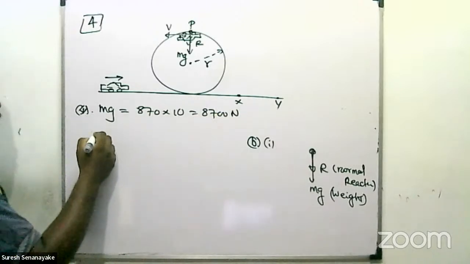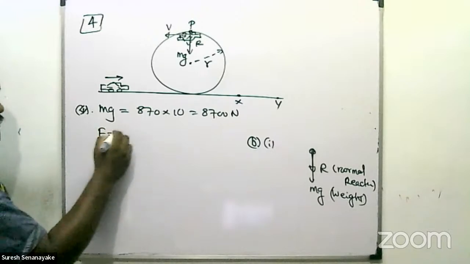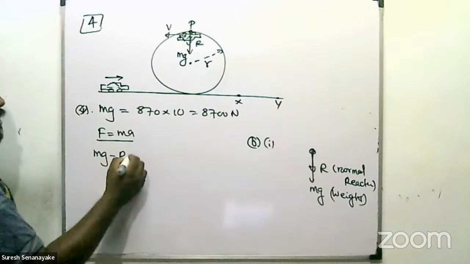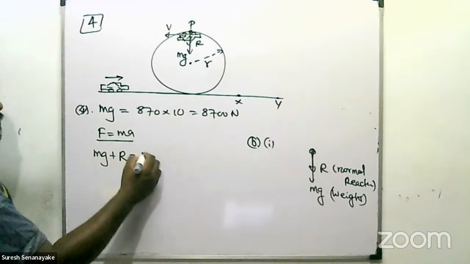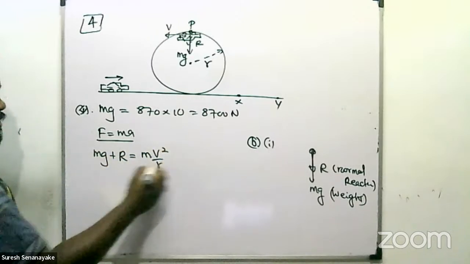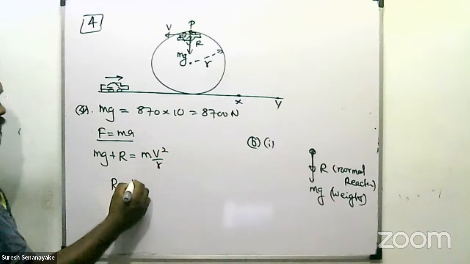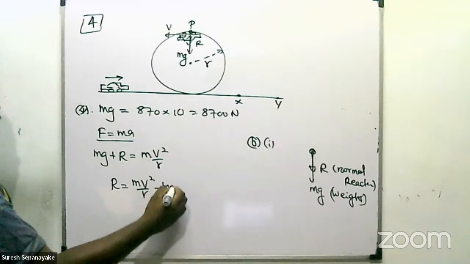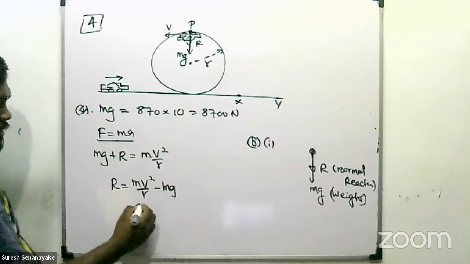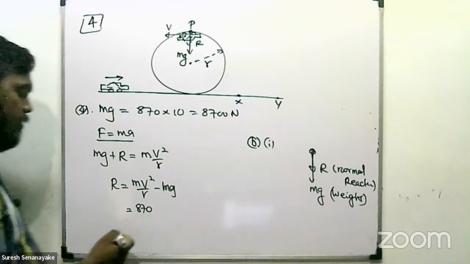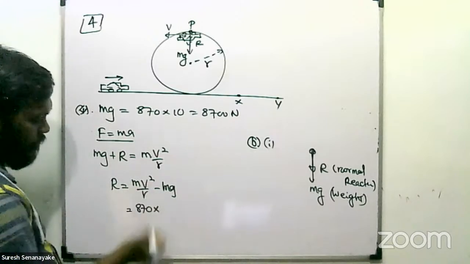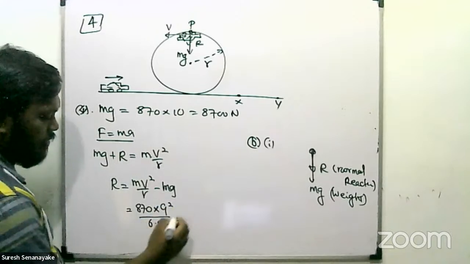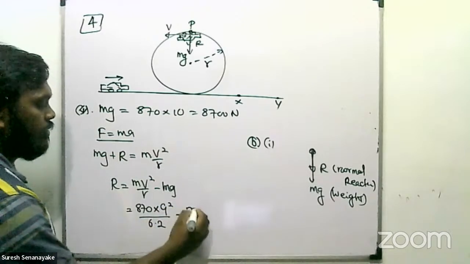And because mg is downward, mg plus R should equal mv squared over r. So R equals mv squared over r minus mg. The mass is 870, v squared, and 6.2 is the radius.